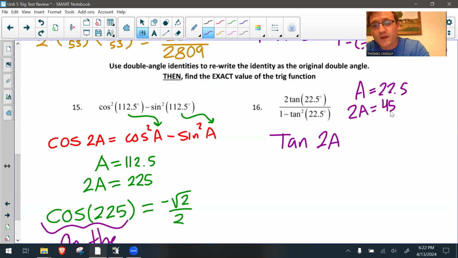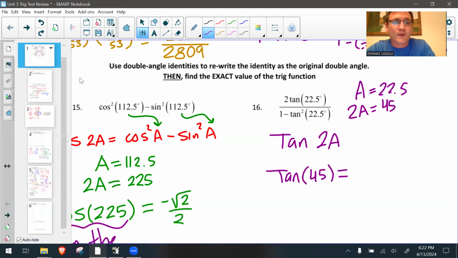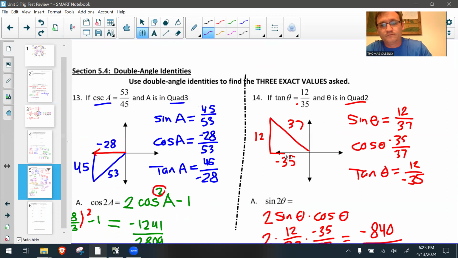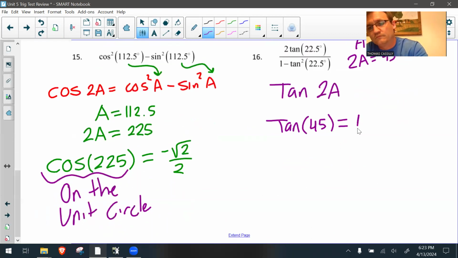So the tangent of 2a is really the tangent of 45. Right? And the tangent of 45, again, on your unit circle, is that gold one right here? It's just 1. Look for that 45-degree angle. The tangent is 1. This one. And there we have it.